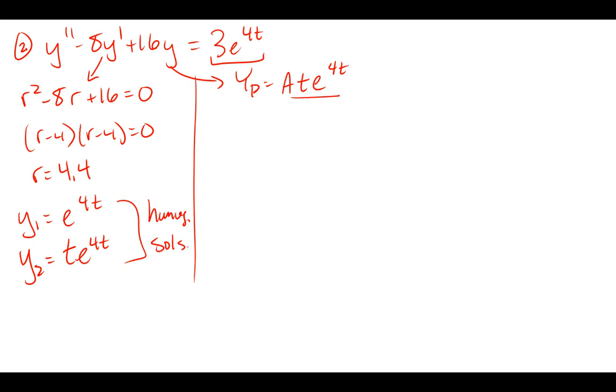And notice I'm still in trouble, because this new guess is actually still covered by the homogeneous solution, right? t e to the 4t is also part of the homogeneous solution. Ugh. Okay, which means I have the rare case where multiplying by t doesn't get me out of trouble. So I'm unfortunately going to have to do t squared.